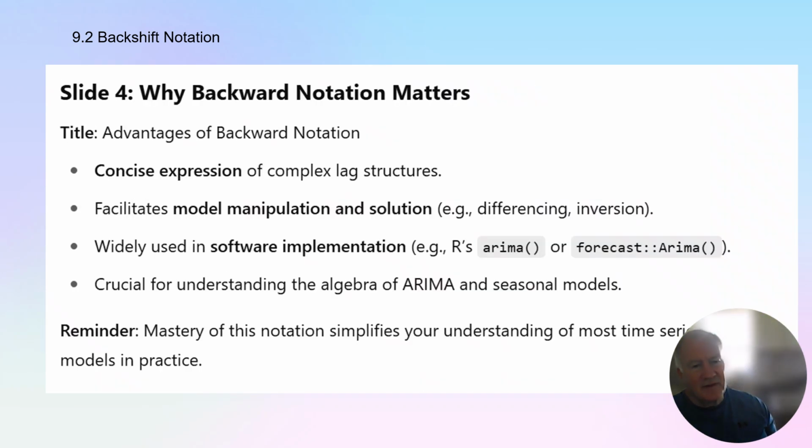The advantage of the backwards notation is that it's a concise expression of complex lag features, and it facilitates model manipulation and solutions, right? So for example, with differencing and inversion. And it's widely used in software implementation, and it's crucial for understanding the algebra of ARIMA and seasonal models.